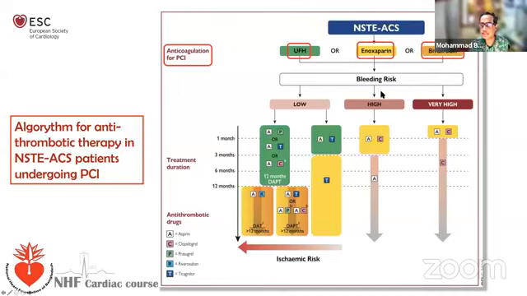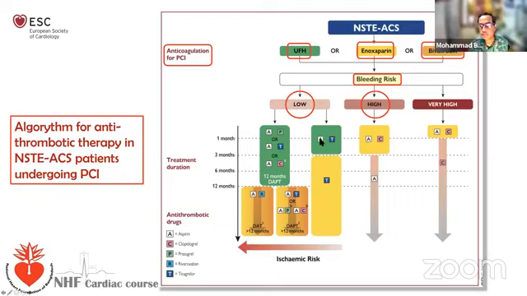You assess the bleeding risk. In a low bleeding risk patient, there are two options. Option number 1, use aspirin with either prasugrel, ticagrelor, or clopidogrel for 12 months, and then aspirin and rivaroxaban beyond 12 months, or aspirin with another agent beyond 12 months.